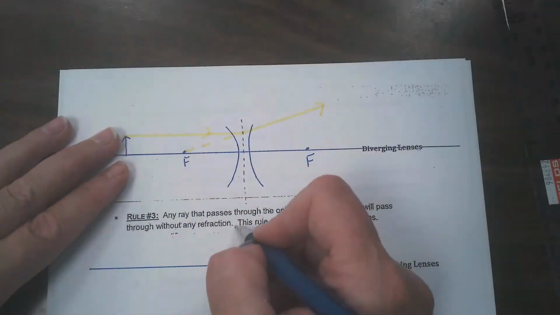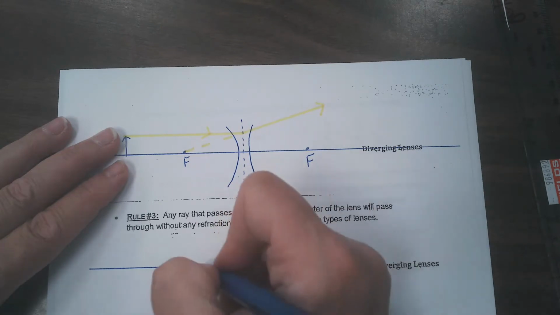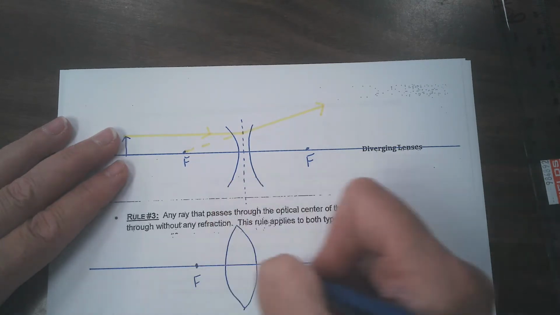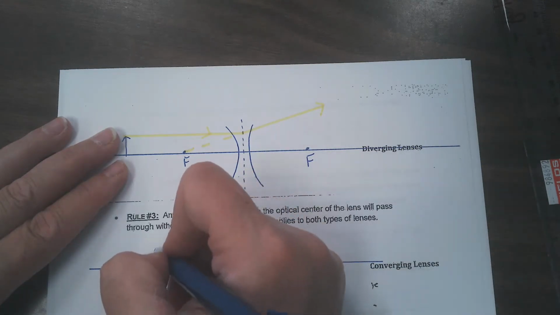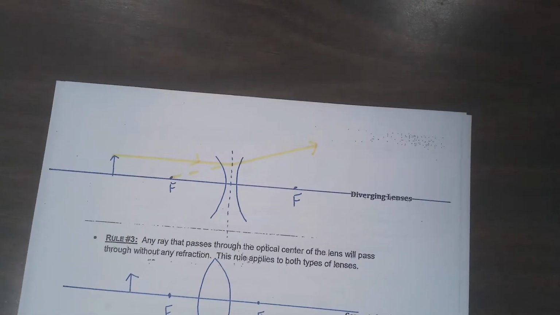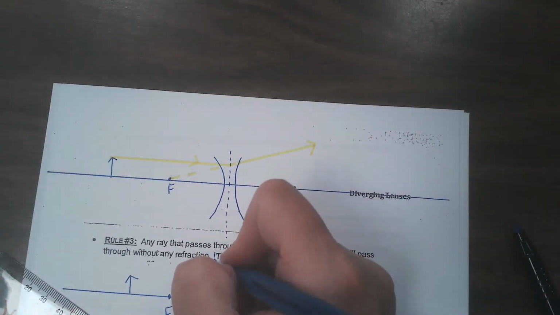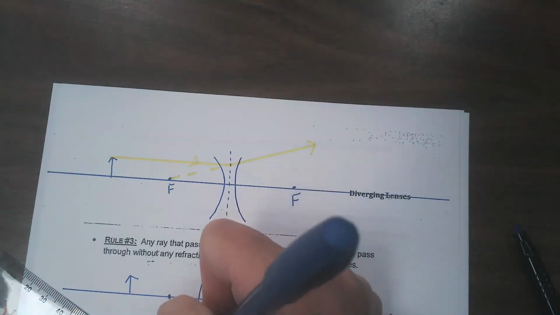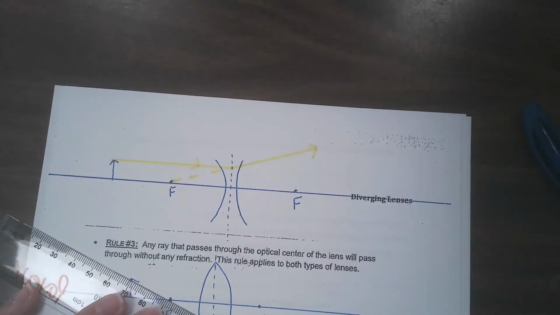So my converging lens, my focal point, and my object. So remember, the first law is it goes from the tip of the object through the focal point, through to the principal plane of the lens. This is rule number 1.